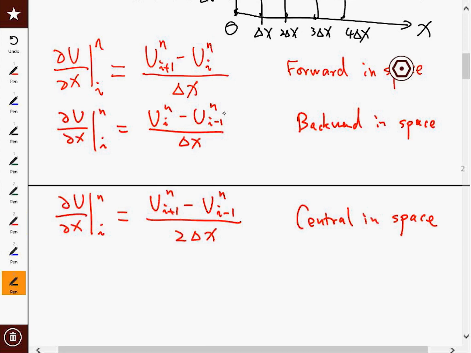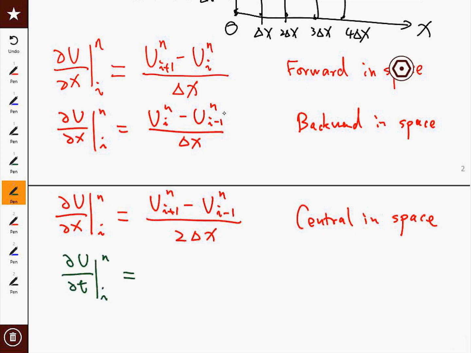How about time? We also need to discretize time, right? We also need to discretize partial u, partial t at i and n. How do I approximate that? Exactly the same way as we did in ODEs.